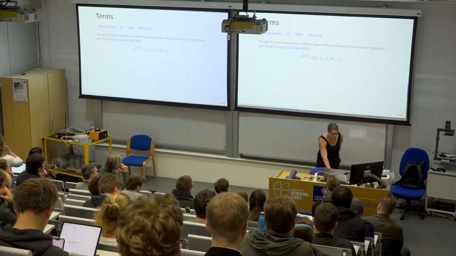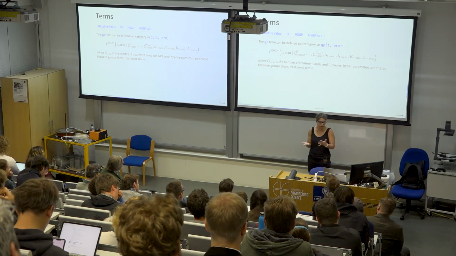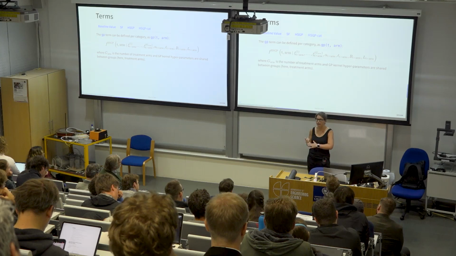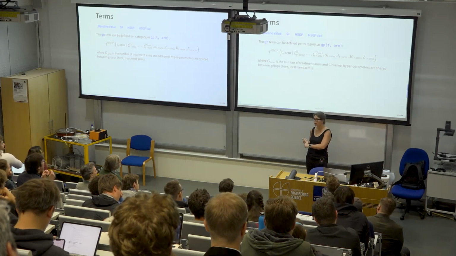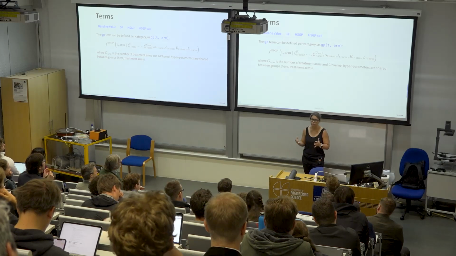And then furthermore, you can have this be defined by category. So we often want to fit the GP per treatment arm, because that's the effect we're most interested in, characterizing the distribution of responses by arm. There are other terms that I didn't describe here, like Emax, that sometimes we use when we're looking at PK data. So this is quite a flexible framework to just keep adding different terms to the model.